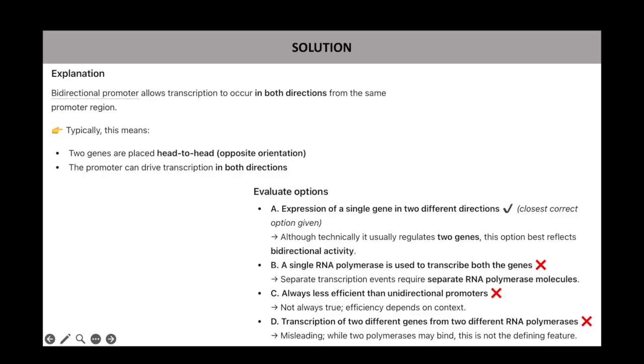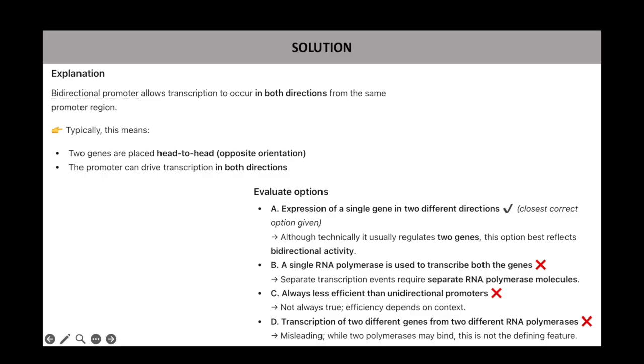Option B was a single RNA polymerase is used to transcribe both genes. No. Even though both genes are being regulated by a single promoter, two different RNA polymerases need to be recruited for the transcription of two different genes. It is not possible for one single RNA polymerase to perform transcription in both directions at the same time. So statement B is wrong.